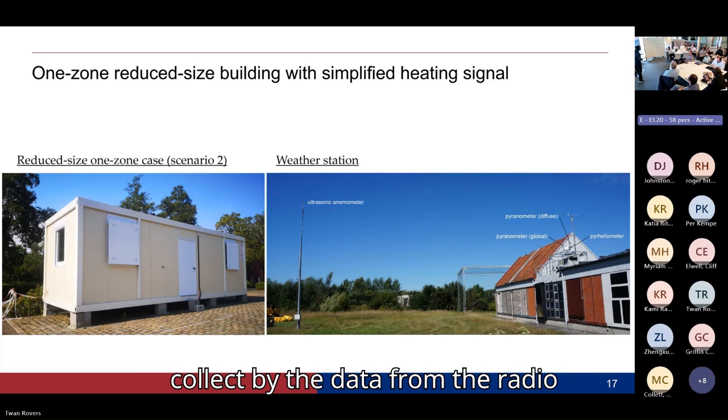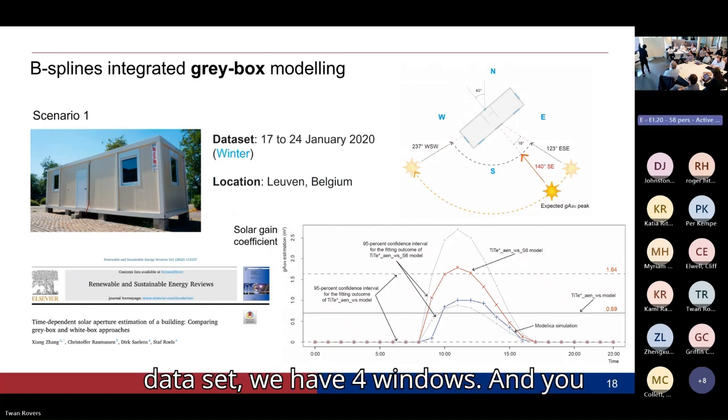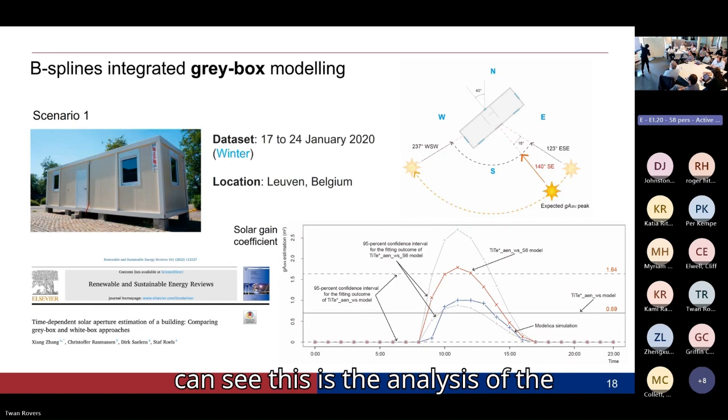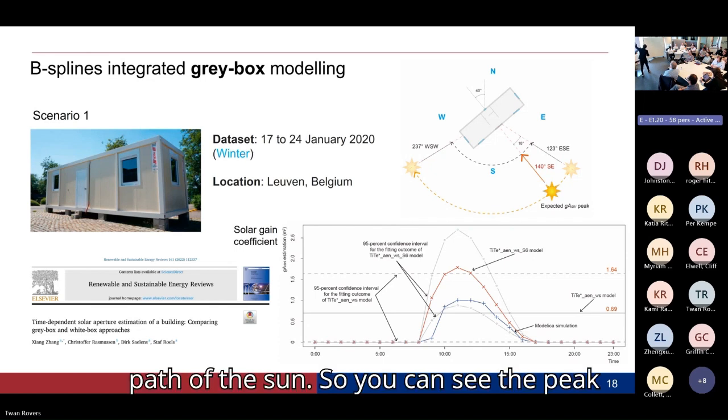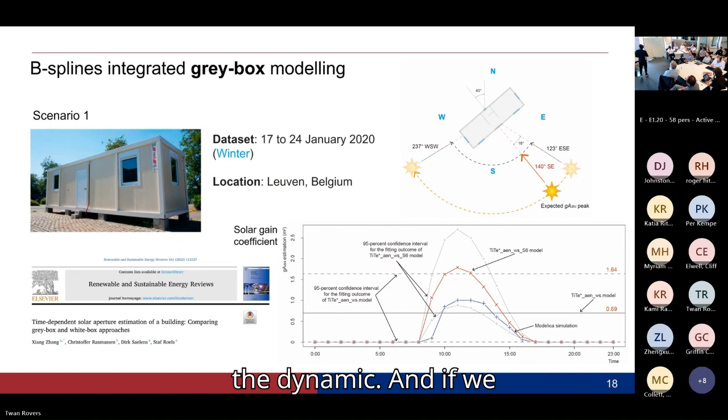I also collected weather data from a weather station not far from there. For this winter data set, we have 4 windows, and you can see this is the analysis of the path of the sun. The peak value should be somewhere around early morning, so you can see it reflects the dynamic.